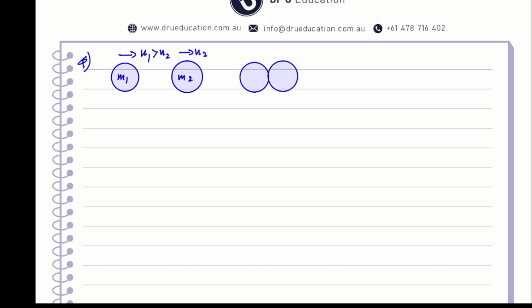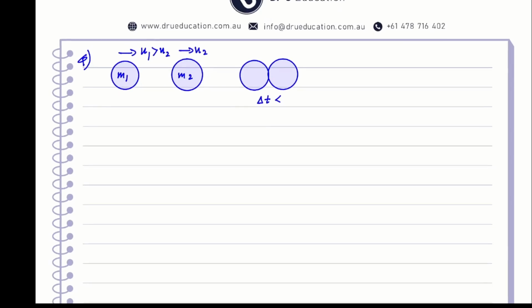This is happening very quickly, so we would say delta t is very small, right? So the after situation looks like this: m1, m2. Suppose this one has speed v1, and the speed of this one is v2, and v2 is greater than v1, right? So this is the before situation, and this is the after situation.